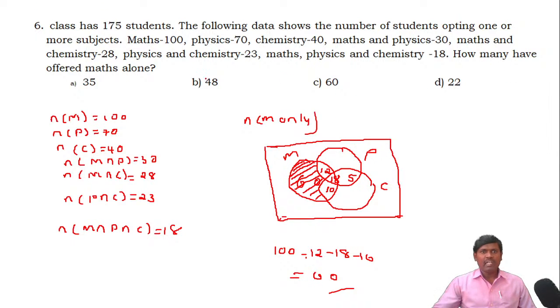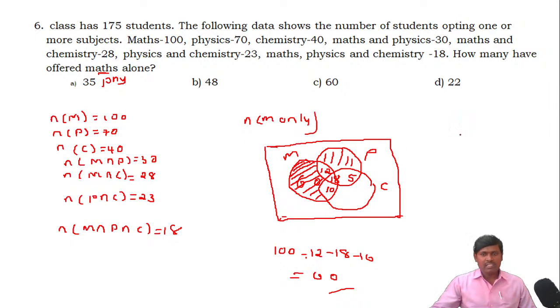Similarly, these questions may be asked in a different way. Instead of asking how many offered maths only, they may ask physics only, physics alone. Then we calculate this region, what I am showing here. This is P only. We subtract these three values from n of P, that is 70.